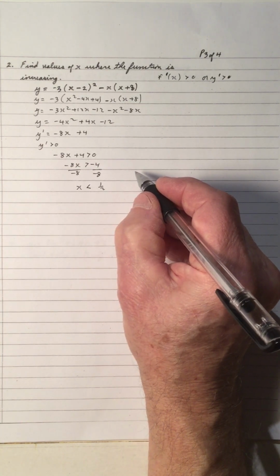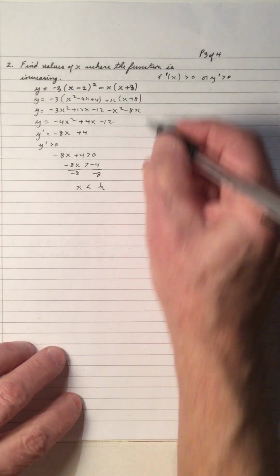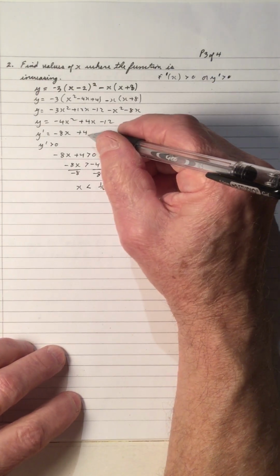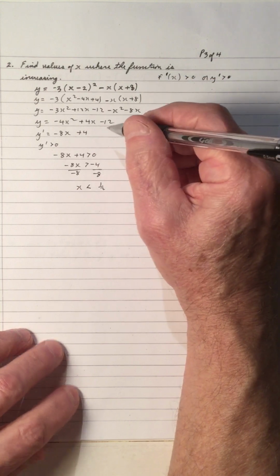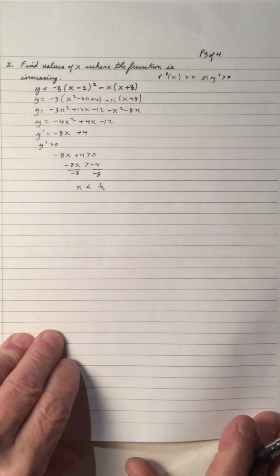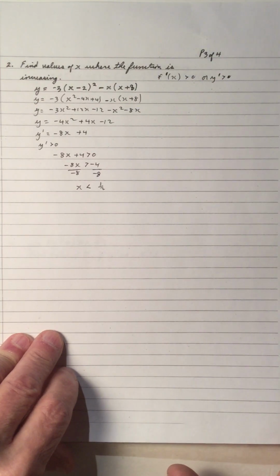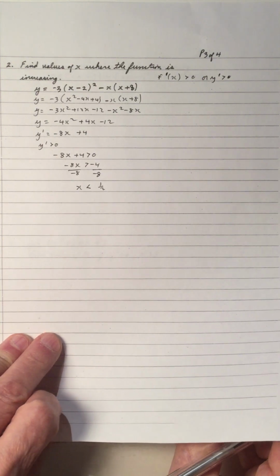So when x is less than 1/2, this function, which is a parabola, is increasing. That means for x less than a half, the slope of the parabola is negative, going downward.